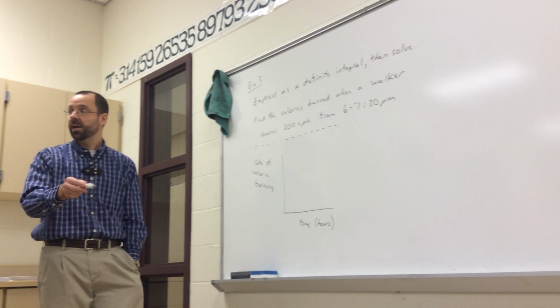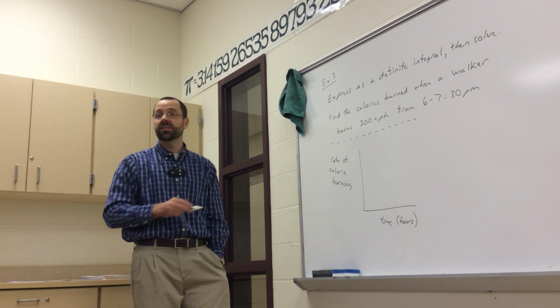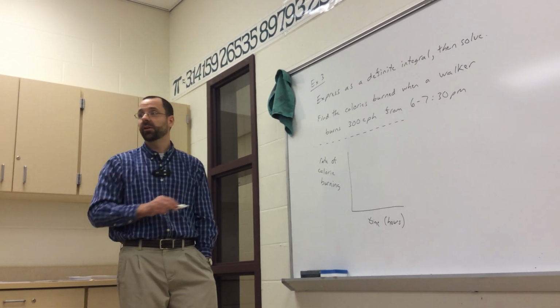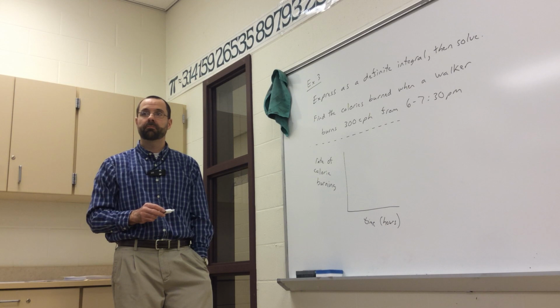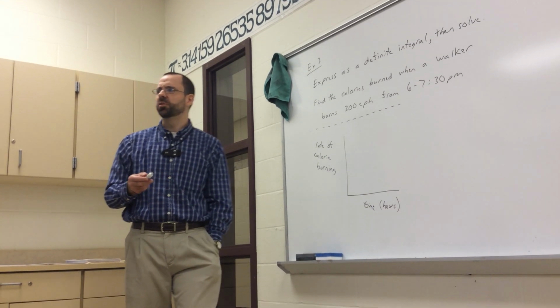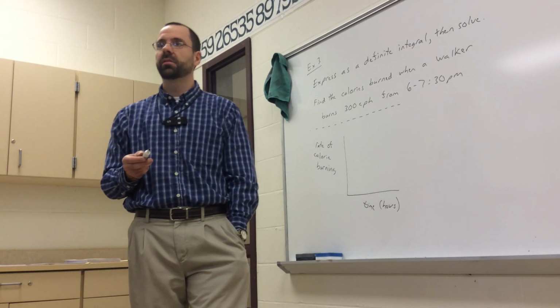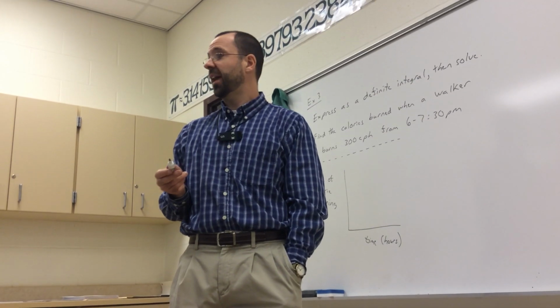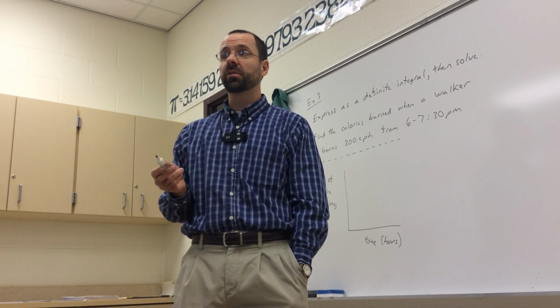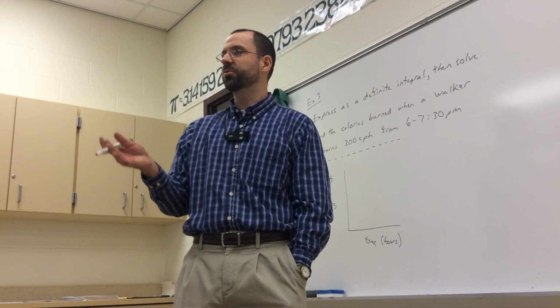So we're graphing time on the bottom and then the rate that the calories are being burned there. Okay, so what is the rate that the calories are being burned? 300 calories per hour. Does that change? No, it doesn't. It's always 300 calories per hour.